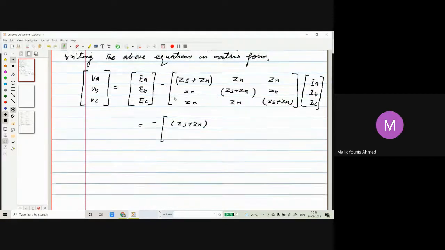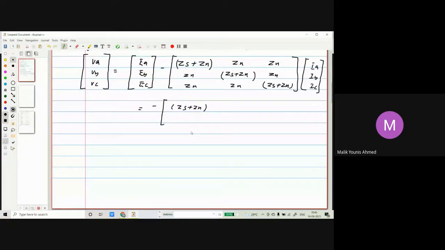The rest with Zn will be IA plus IB plus IC. So with Zn we will have two currents left, that is IB plus IC. Further we can write this as ZS IA, then Zn IA, then the same thing, IB plus IC.